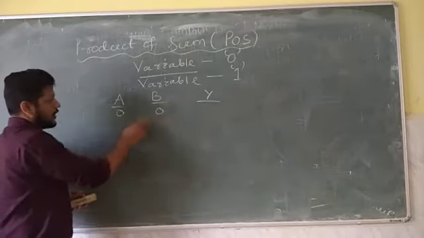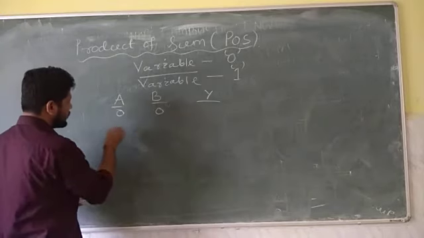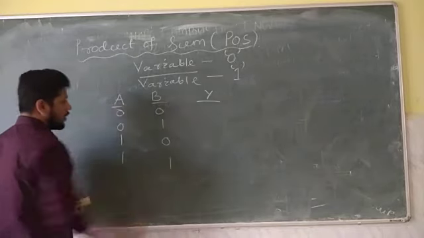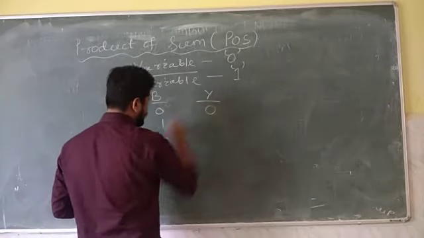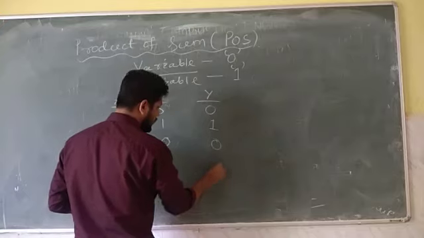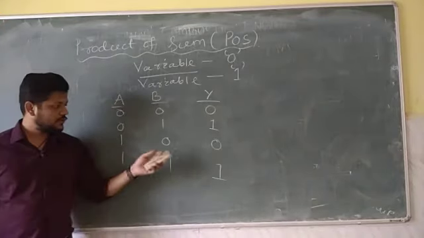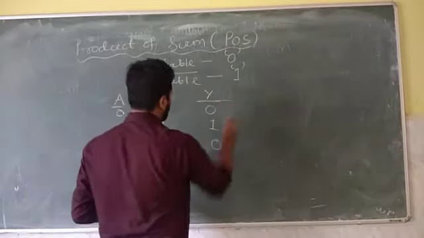So I am taking two variables, that means we have four possible combinations: 0 0, 0 1, 1 0 and 1 1. So let us say the output is 0, 1, 0 and 1. Then how to write this expression in product of sum form?